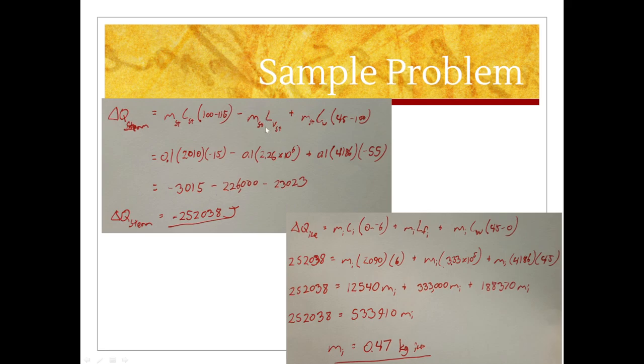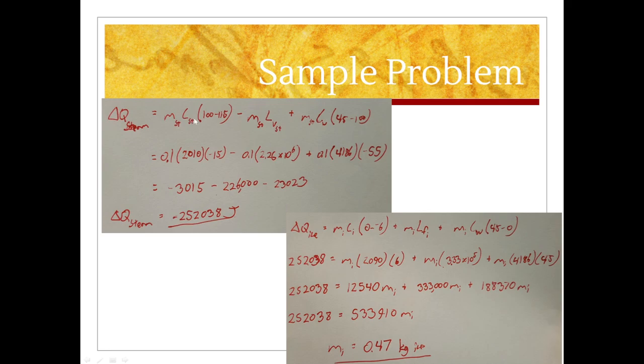Once you've completed the phase change and taken out all the energy needed, the last part, you will end up then with 100 degrees Celsius water that you need to reduce the temperature of using MC delta T again. Except this time, we're using a delta T ending at 45, starting at 100, and you have to be mindful of which specific heats you're using at which specific times.